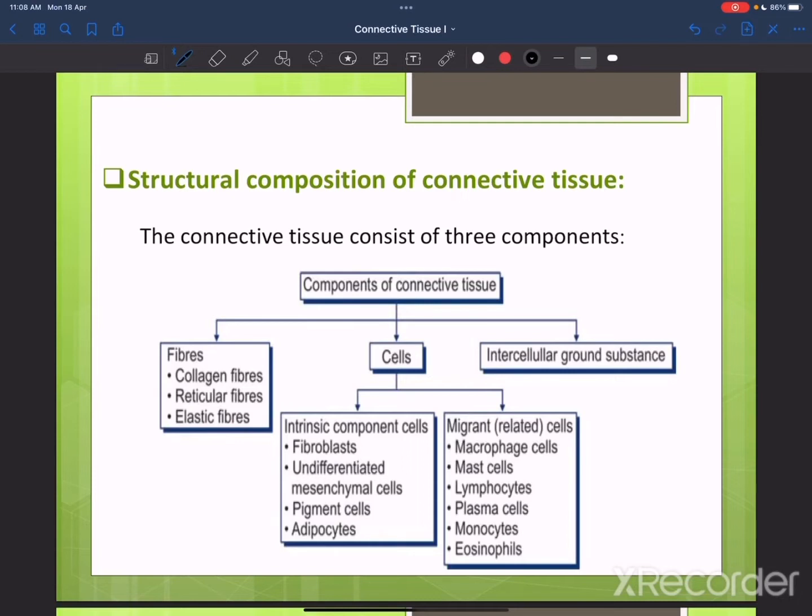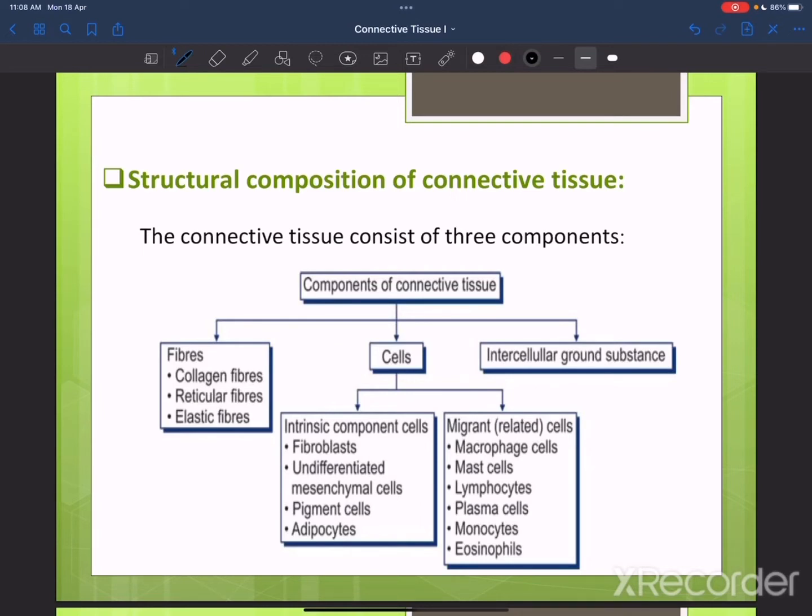Those cells are fixed in the connective tissue and remain there. And we have the migratory type or related cells of the connective tissue, as mentioned here in the table. Regarding the other component, the fibers of the connective tissue are of three types. Collagen is the most predominant, and reticular and elastic fibers.